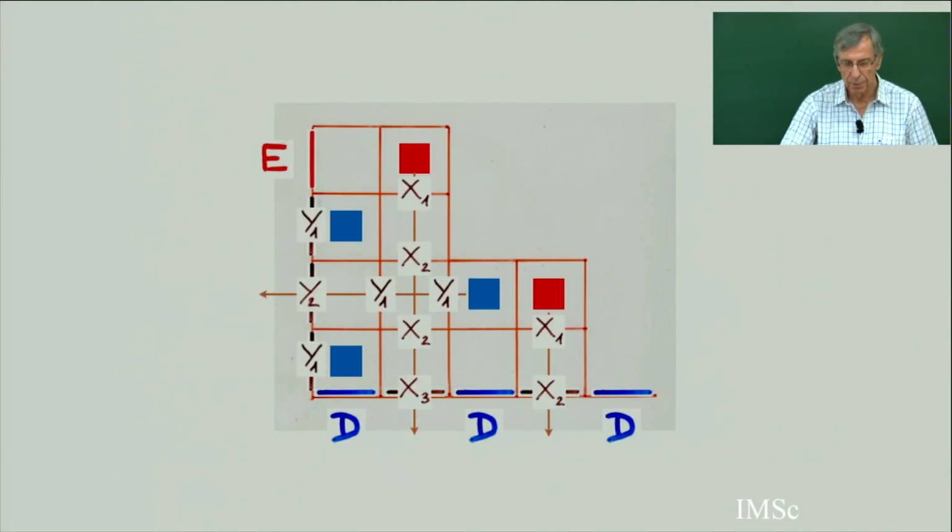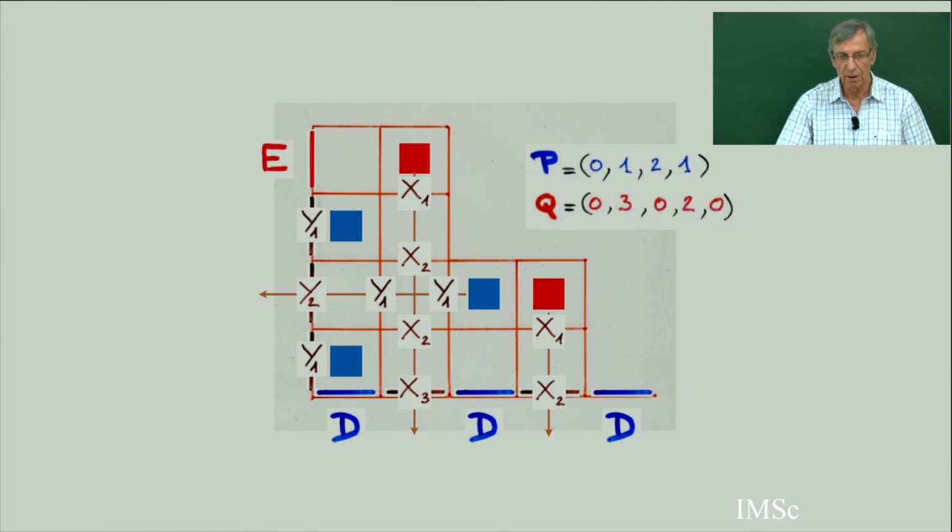And on my example, I claim that the vector p, if I read the southwest border, I read p from bottom to top. You read this, so you have y1, y2, y1, and e, which I consider as 0. So I have the vector p here. It's just an integer vector: 0, 1, 2, 1. The vector q, if I read this line, I have d, x3, d, x2, d.